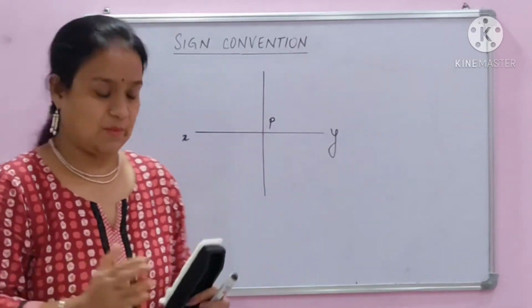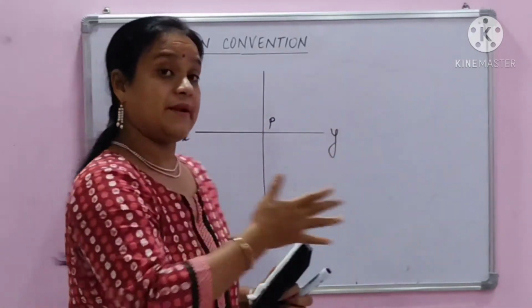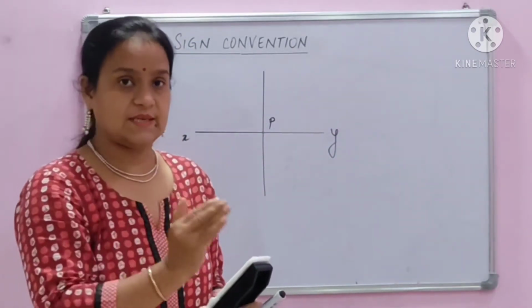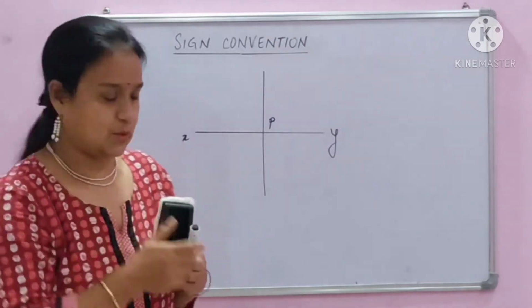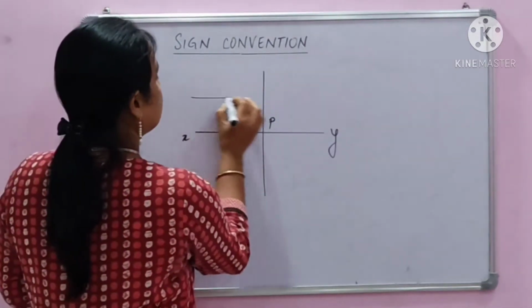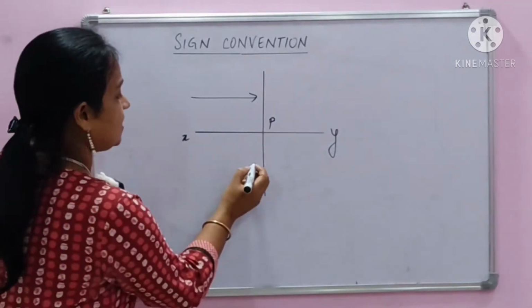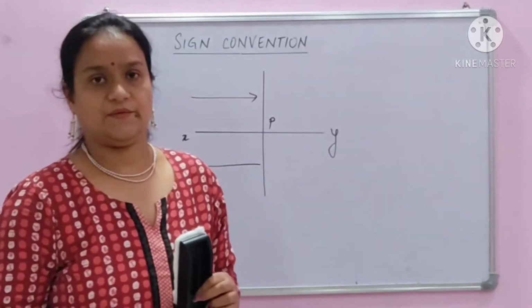axis and the pole. That means any light ray which is passing in the direction of the incident ray, or the principal axis, any incident ray which is moving towards the pole is taken as positive. Anything which is directed this side is positive and anything which is away from the pole is taken as negative.